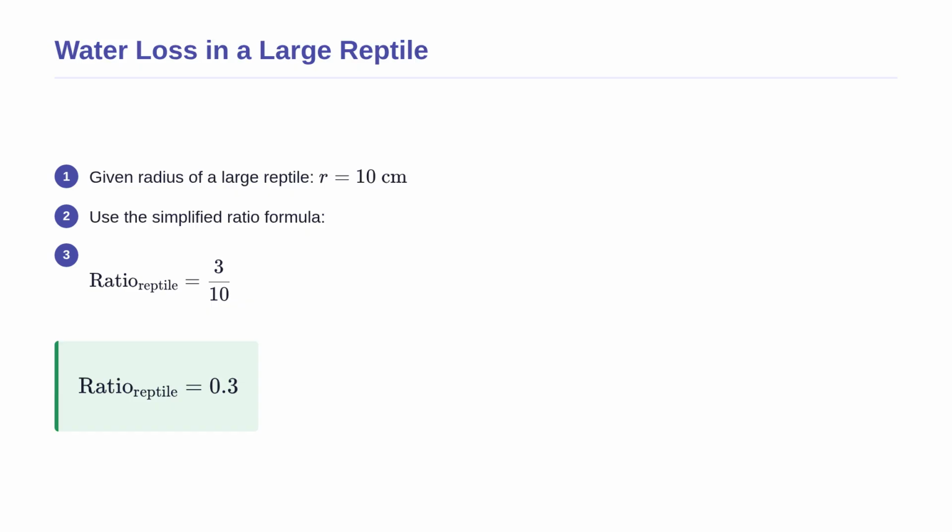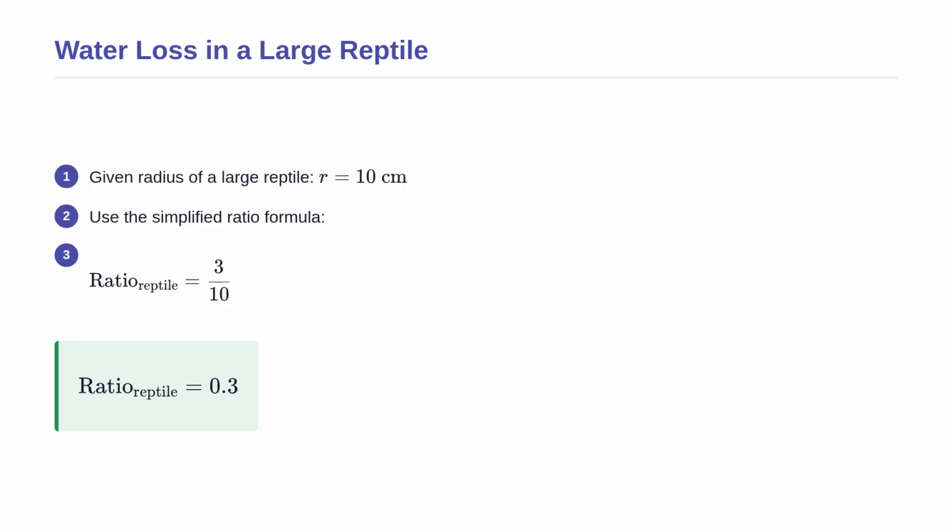Now, let us see what happens when an animal evolves to be much larger. We will model a large reptile with a radius of 10 centimeters. We want to calculate its ratio to see how its size protects it. We use the exact same formula, 3 divided by r. This time, we substitute the reptile's radius of 10 into the denominator. 3 divided by 10 gives us a final ratio of 0.3.